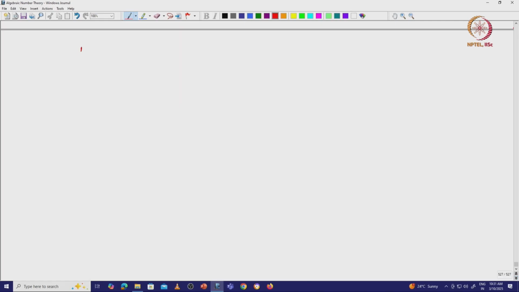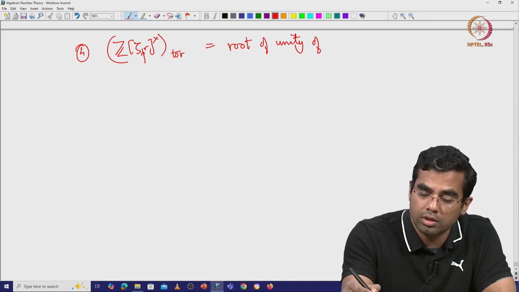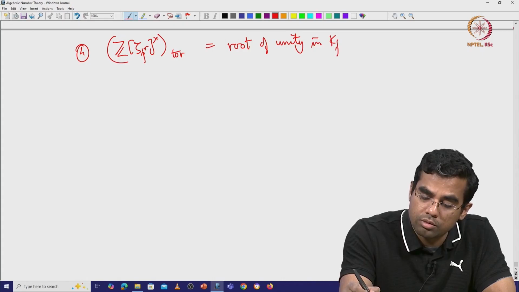Now, what are the units in Z[zeta_{p^r}]? Well, let us not talk about units for a moment, let us talk about the roots of unity, the torsion part, roots of unity in K_{p^r}.